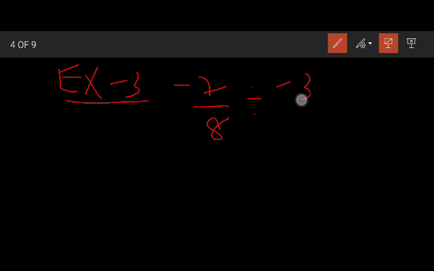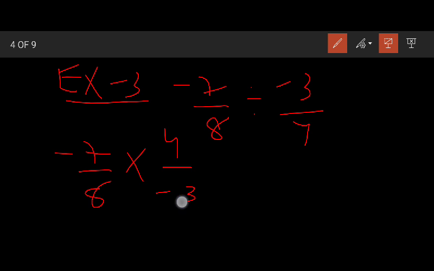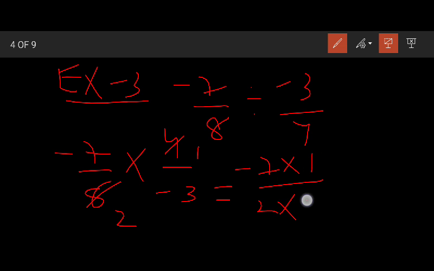Again, see example 3. Product is minus 7 by 8, the number is minus 3 by 4. So minus 7 by 8 multiplied by 4 by minus 3. Here 4 ones are 4, 4 twos are 8, and we do not cancel the other numbers. So multiply minus 7 multiplied by 1, 2 multiplied by minus 3.